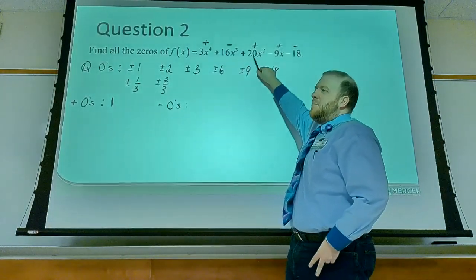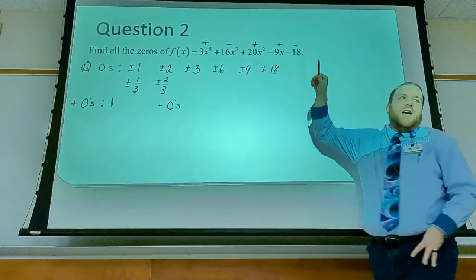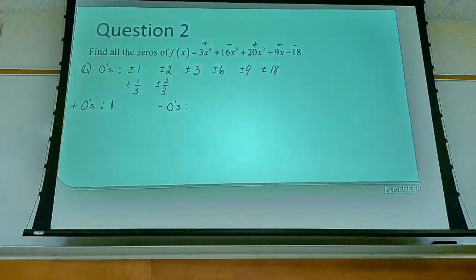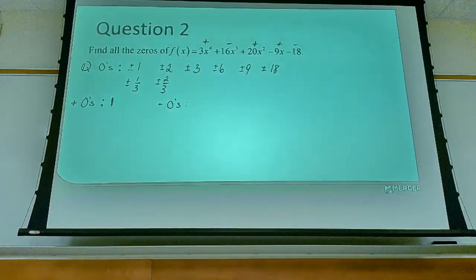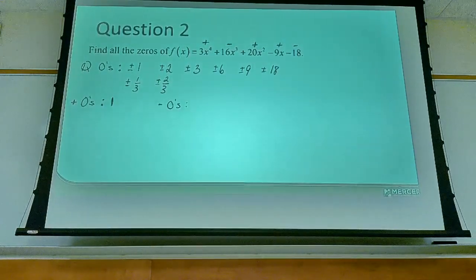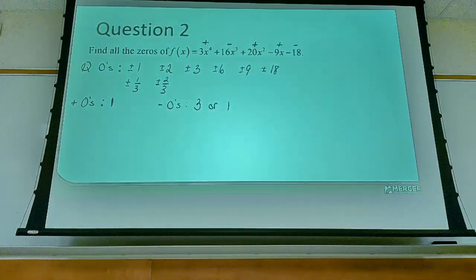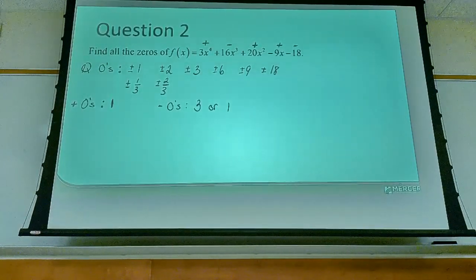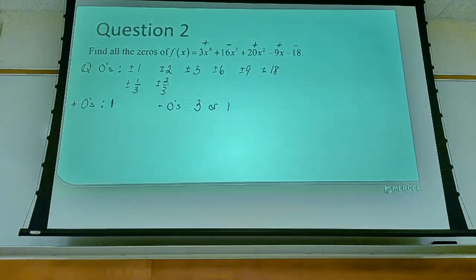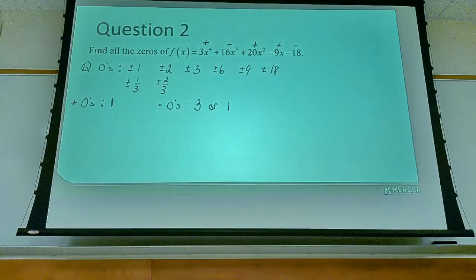So our negative zeros: 3, less an even number. What, or 1? 3 minus 2. Right, it's not the number of sign changes. It's the number of sign changes or that less an even number. So 3 minus 2 is 1.